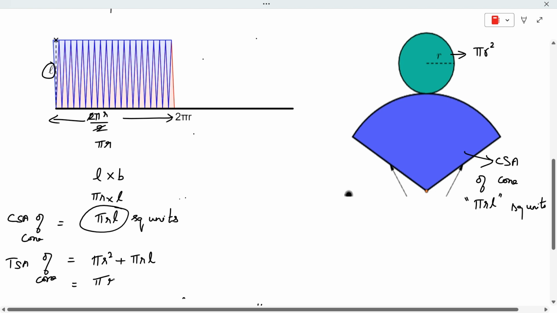So pi and r. In the first term, we will have r remaining, and here, since pi r I have taken commonly outside, the remaining is L. So this is the formula for the TSA of a cone, and the unit is going to be square units. So once the radius, slant height, and the height of the cone are given, we can determine the CSA and TSA of a cone.